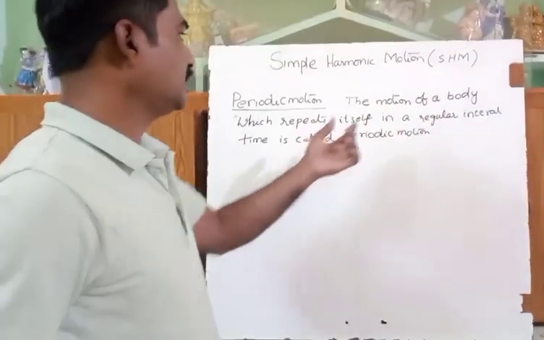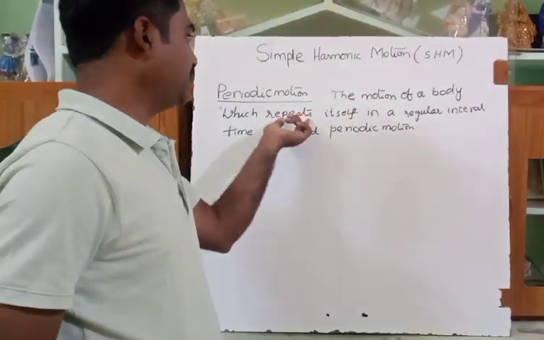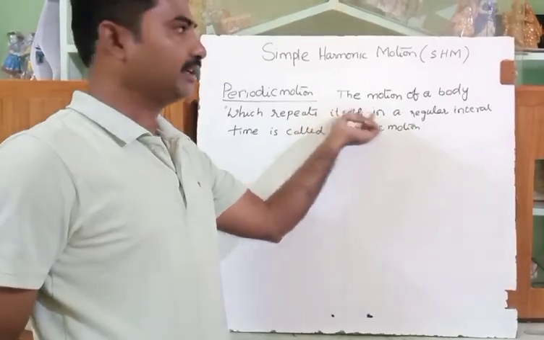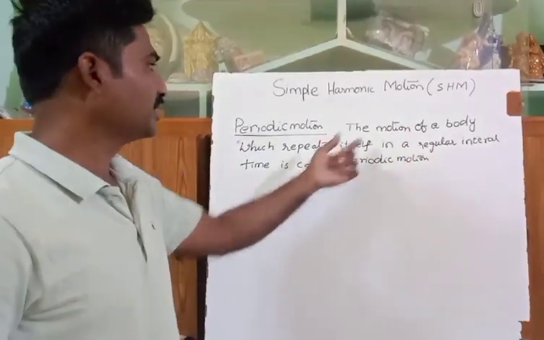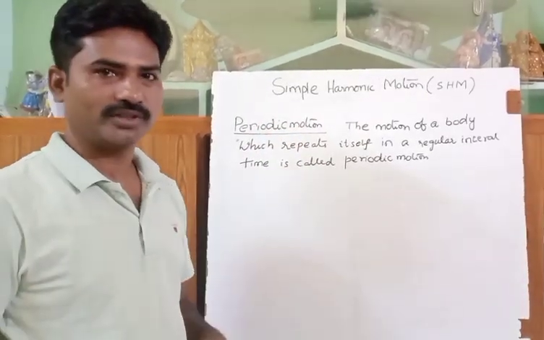Here, see this, the motion of a body repeating itself in a regular interval of time. This type of motion is called as periodic motion.